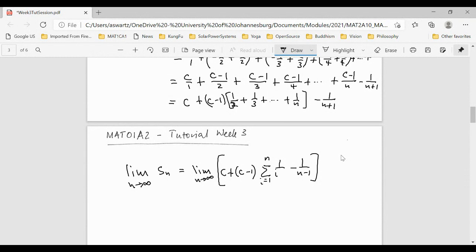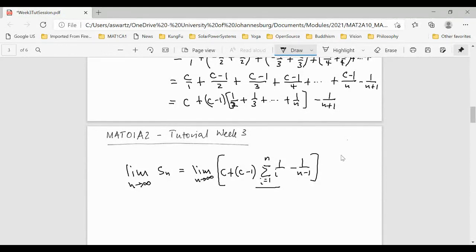And now we can say this series here is the harmonic series, and it will diverge.